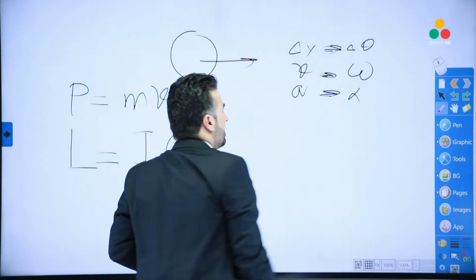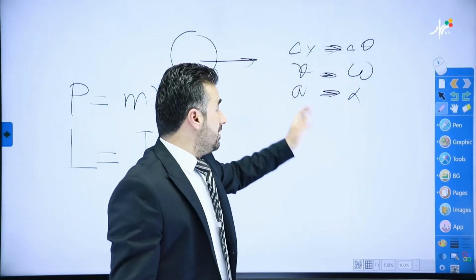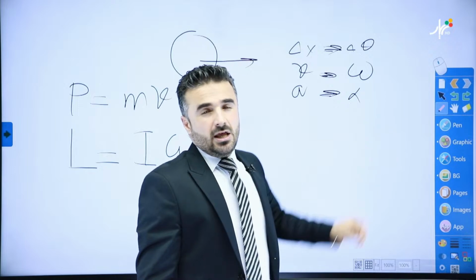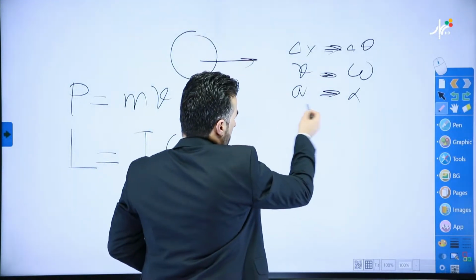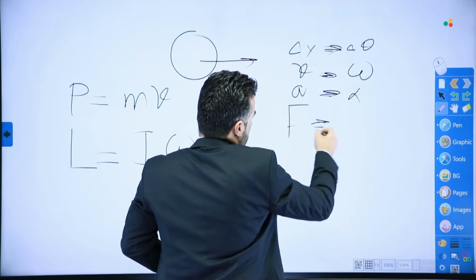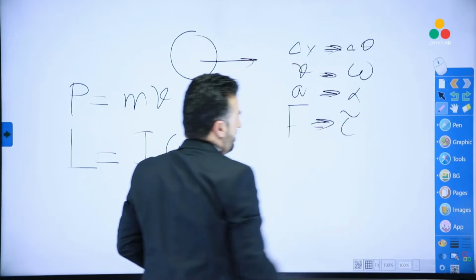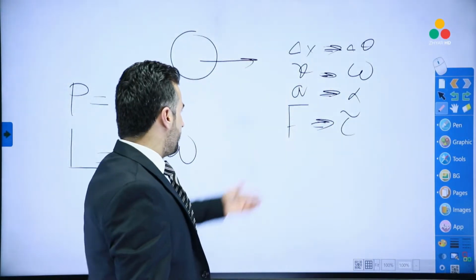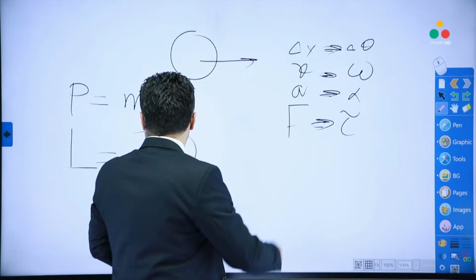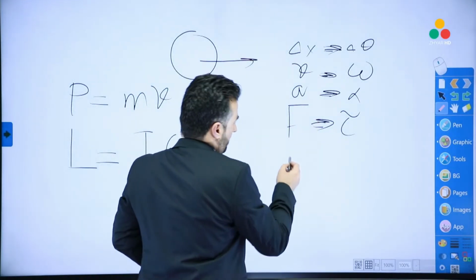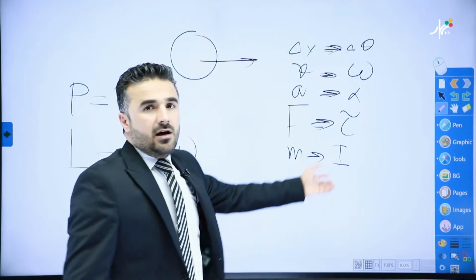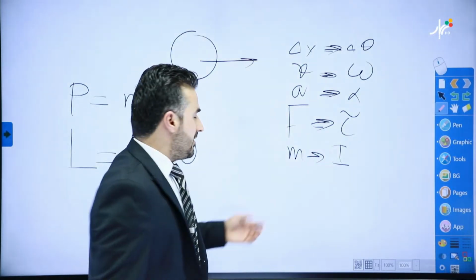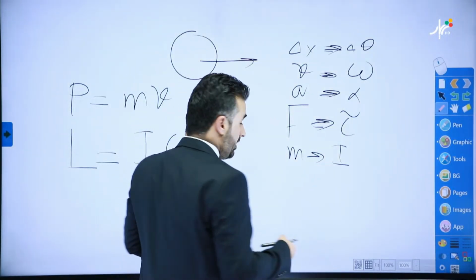These are linear quantities, and these are rotational quantities. After that, we talked about force, which in rotational motion would be the torque or net torque. And we talked about mass, which in rotational motion would be the moment of inertia.